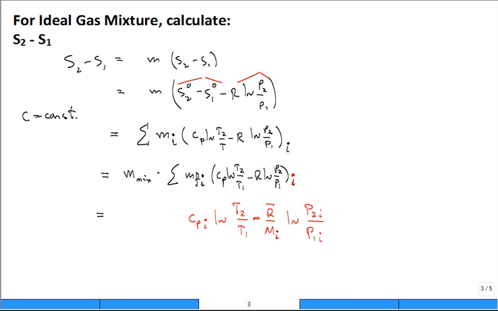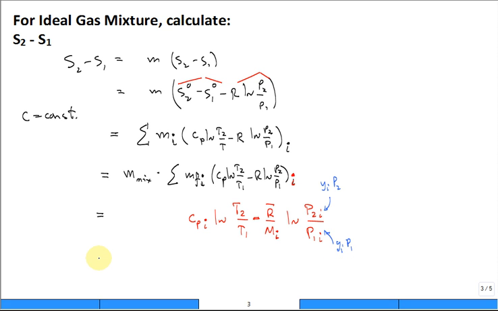You can. And so what you want to do here is replace those partial pressures by yi times P2 and yi times P1.